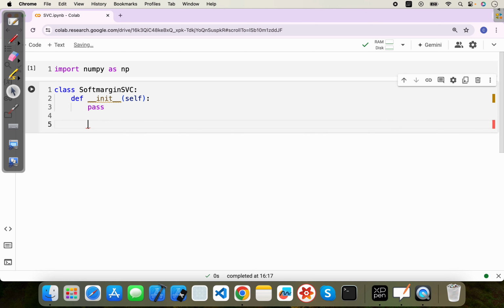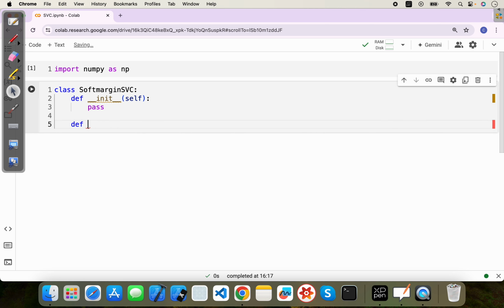First define the methods which we are going to implement, right? So let's say first define the initialization init method, and next it would be fit, and then let's say predict, right? Okay.